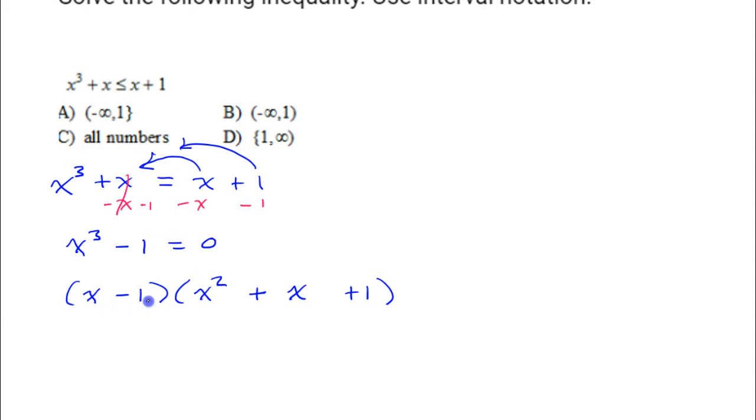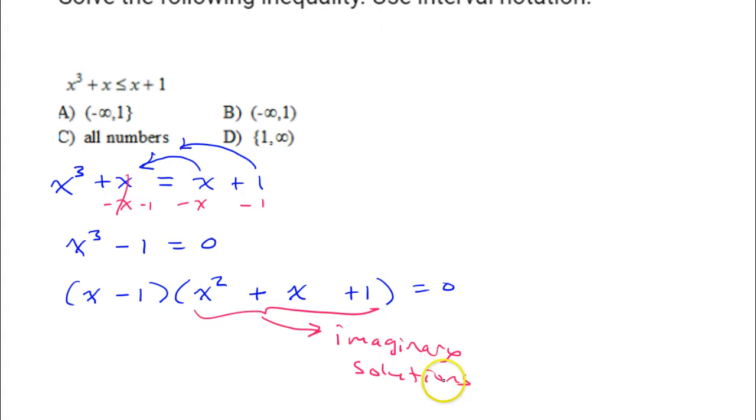Now, I will get the actual solutions by setting each one of these equal to 0. But when you factor the sum or difference of two cubes, the solutions from this part will always be imaginary. Alright, so they are not going to show up on our number line.